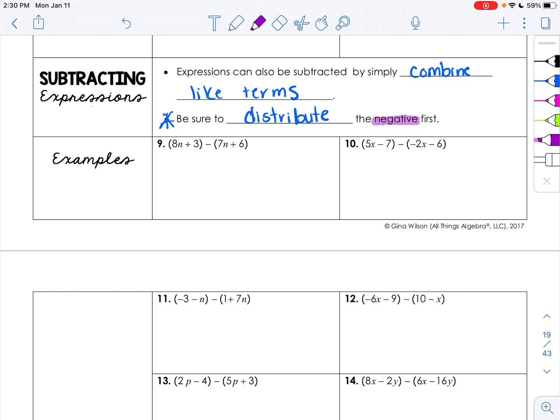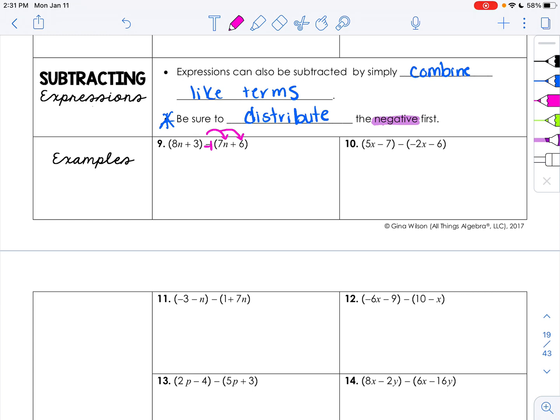Number 9. Just like with adding, we know we're subtracting because of the subtraction sign between my two expressions. Remember, this is like having a negative 1. So we're going to distribute that negative 1 to everything inside this second set of parentheses, because remember, we only distribute what is right in front of our parentheses.